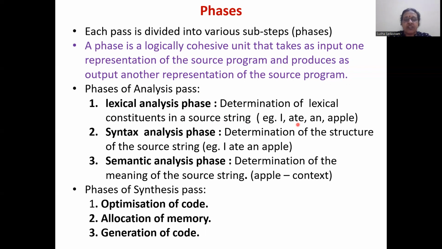For example, let us consider a particular statement, I ate an apple. All the lexical constituents of this statement, namely I, ate, an, apple, form lexemes or words, which are produced as output from the lexical analysis phase.